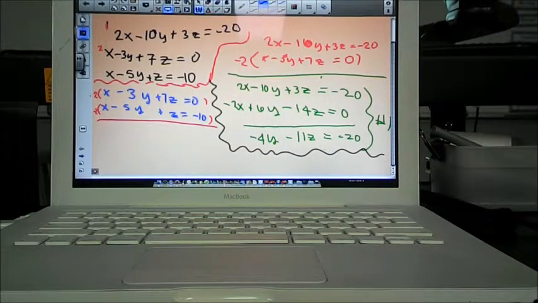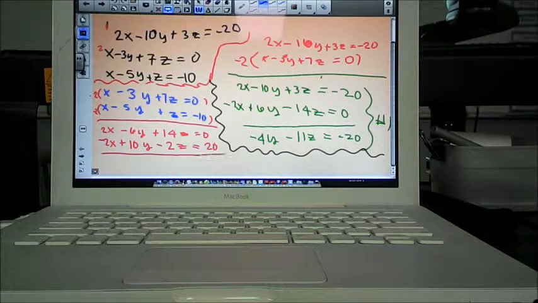So what we're going to get is 2x minus 6y plus 14z equals 0, because again, 0 times anything is 0, and negative 2x plus 10y minus 2z equals 20.